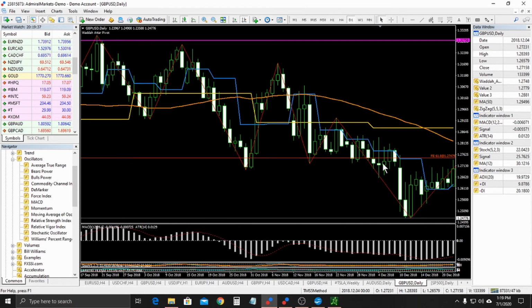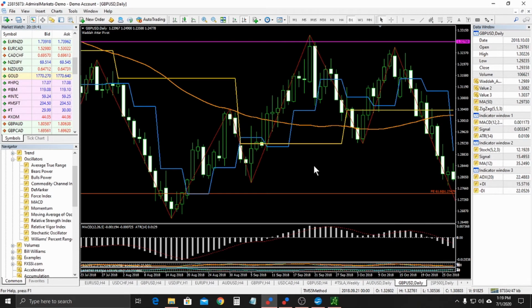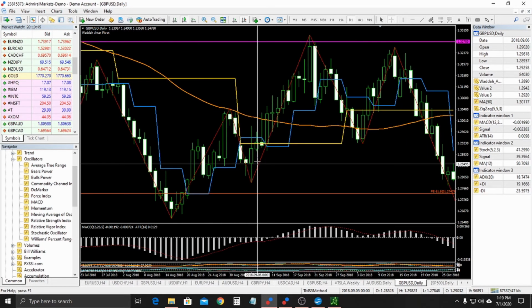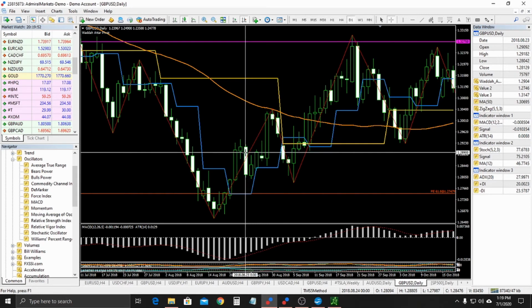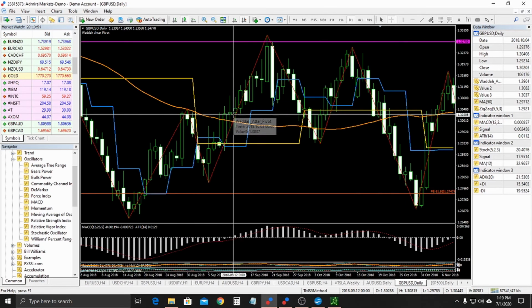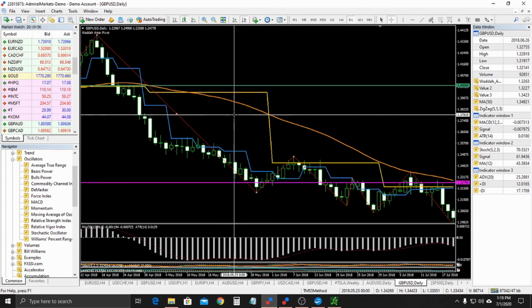It hits it again, and then after that it follows through. And the interesting thing is, after it hits this, it moves back up to the weekly resistance. So it's pretty much trapped in a range over there.